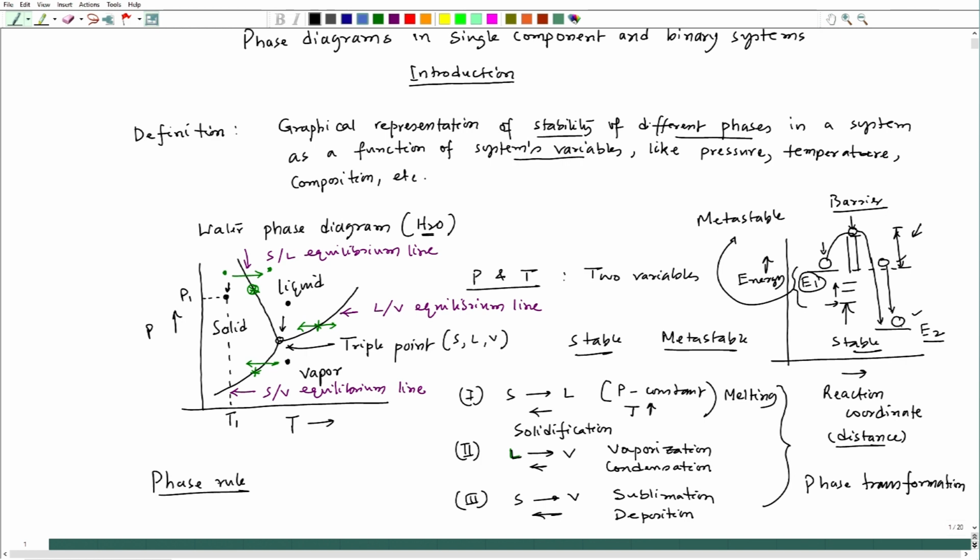The phase rule decides what thermodynamic function should be fixed to get to that point. Another way to put it is, what will be the equilibrium conditions to get to those points.